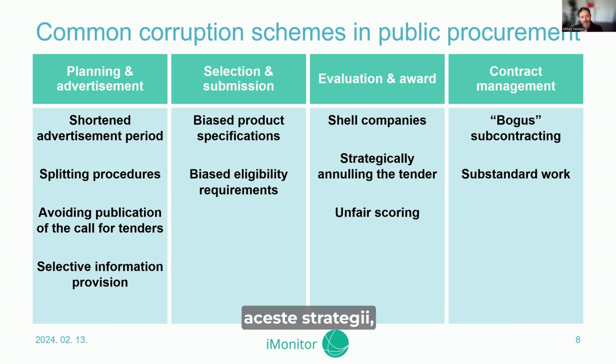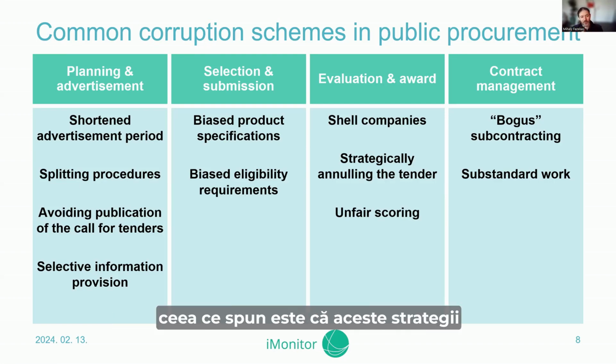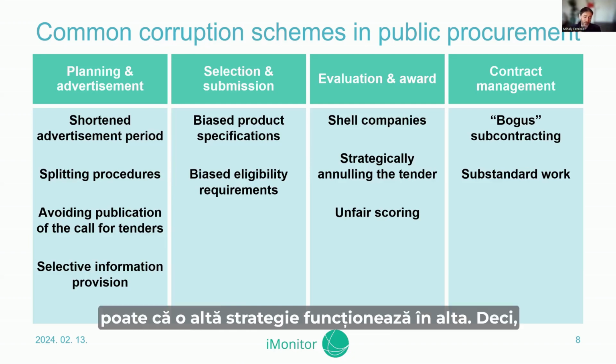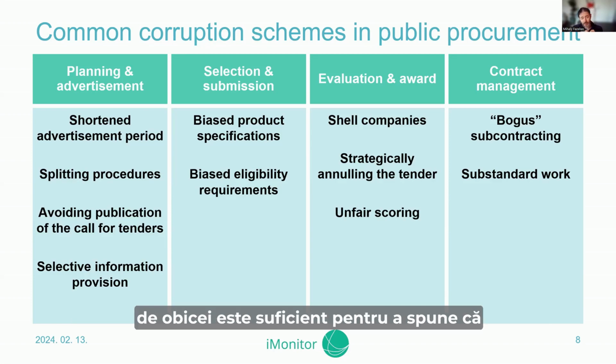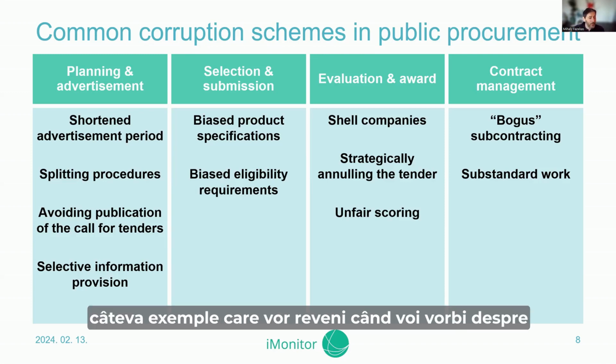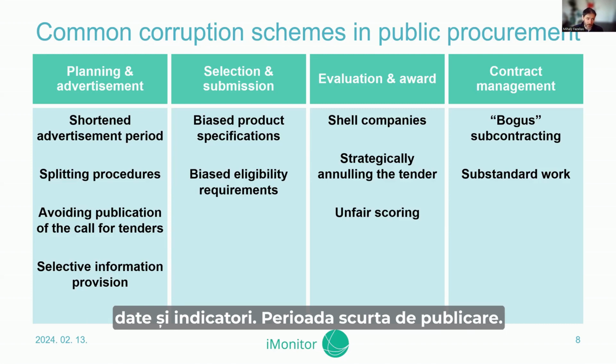So basically, what I'm saying is that these strategies might substitute for each other. If one corruption strategy in one stage didn't work, maybe another strategy worked in another stage. So if we find evidence for one corruption scheme, typically that's enough to talk about the whole process being corrupt. Okay, a couple of examples which will come back when I talk about data and indicators.